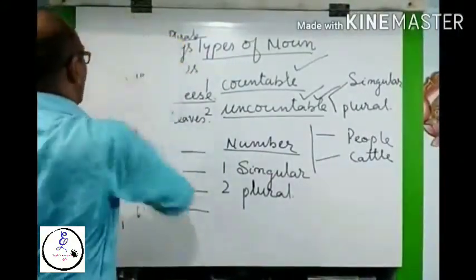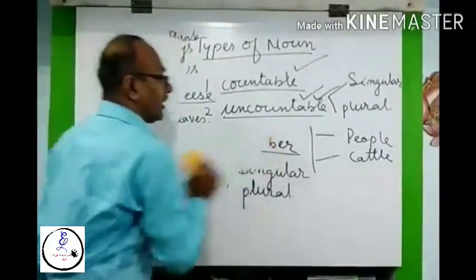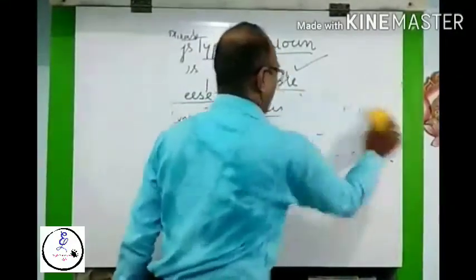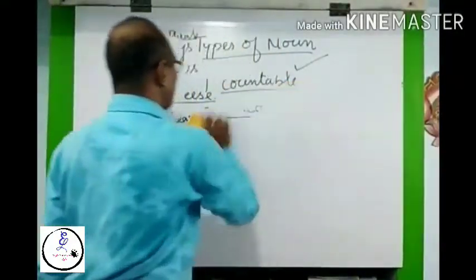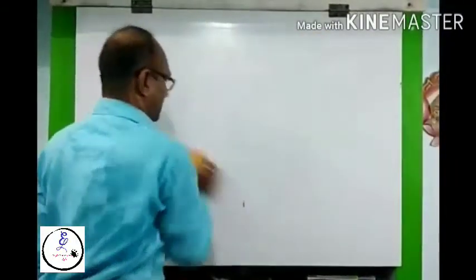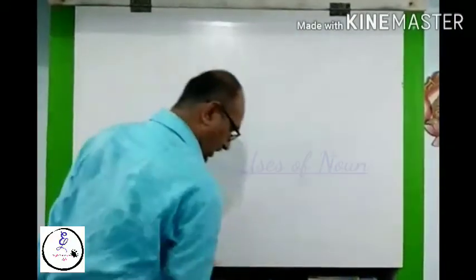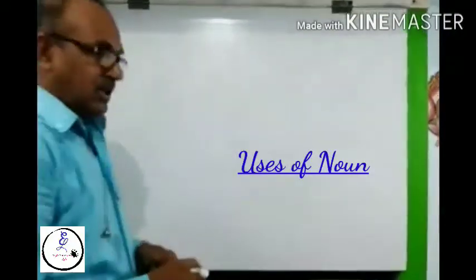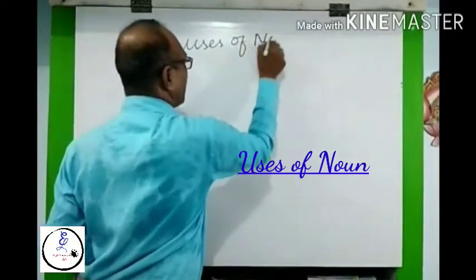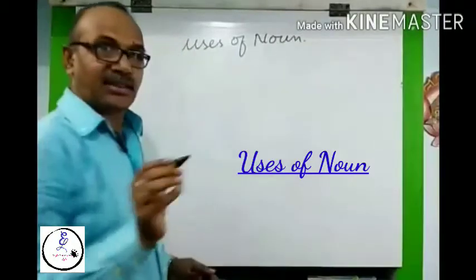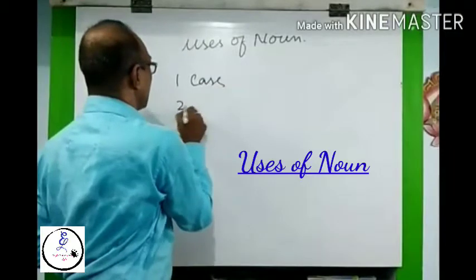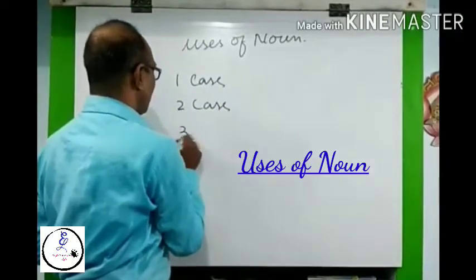Under uses of noun, how many ways can a noun be used? A noun is generally used in 3 ways, and these are called cases. Uses of noun: there are 3 cases. First case, second case, and third case.